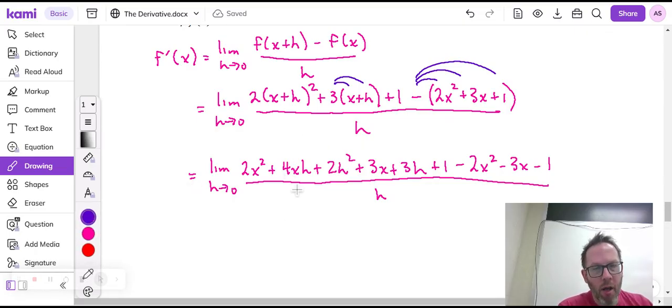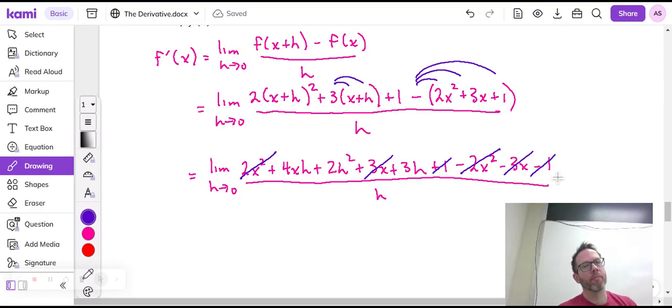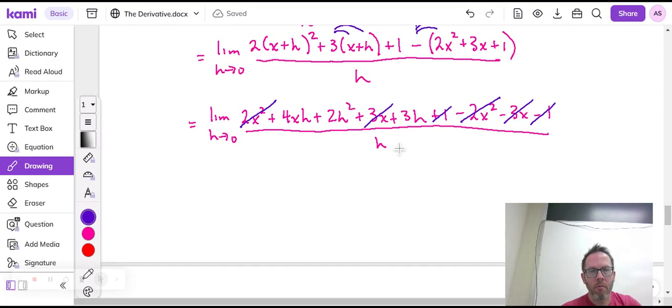All right. Does the non-h stuff wipe out? 2x squared minus 2x squared. 3x minus 3x. 1 minus 1. And then from what's left over, 4xh, 2h squared, and 3h.